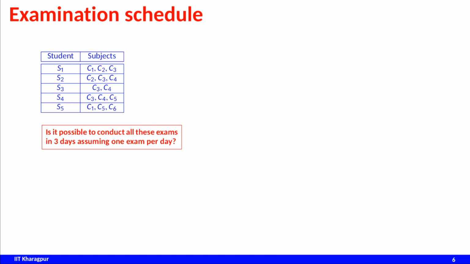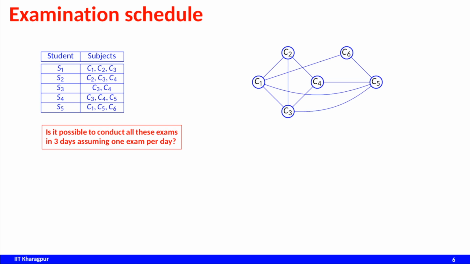In order to model this problem, we try to model this as a graph problem, or we can construct a graph that can give us some idea. What is the graph that can be constructed? The graph that we construct here is based on the subjects, because we have to schedule the subjects on every day.